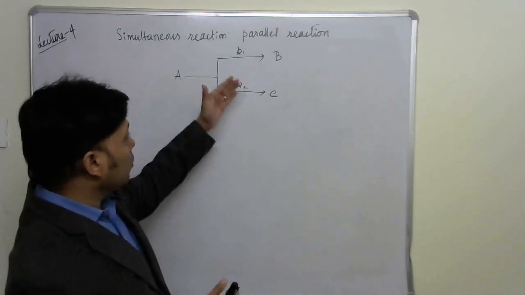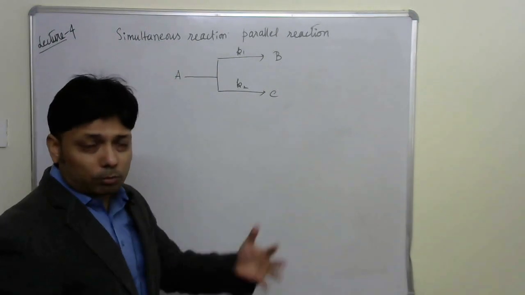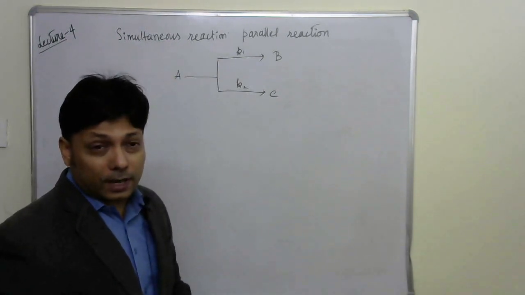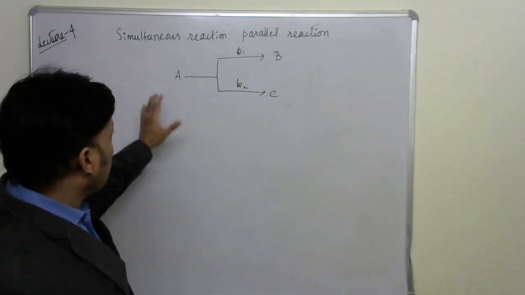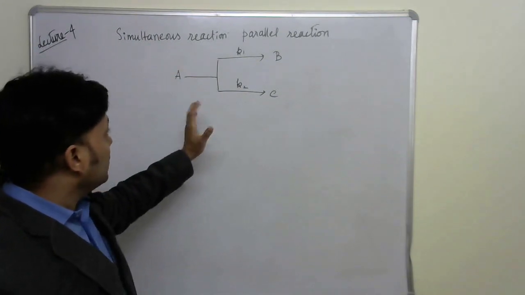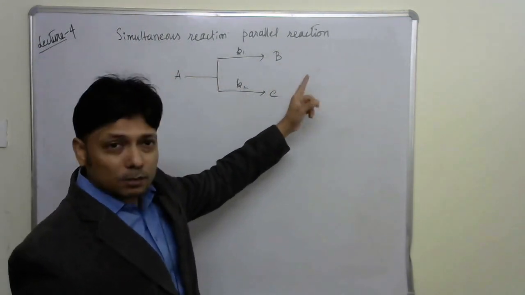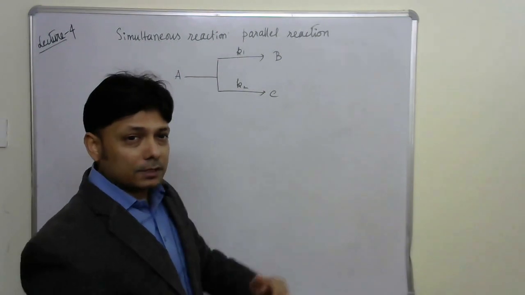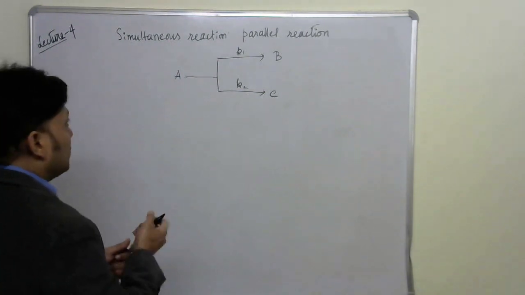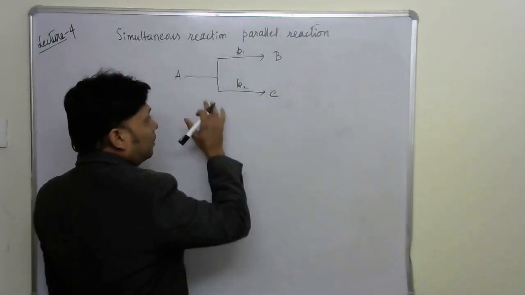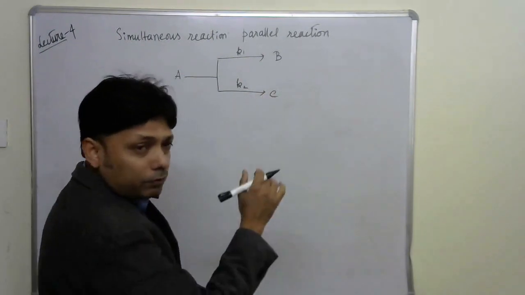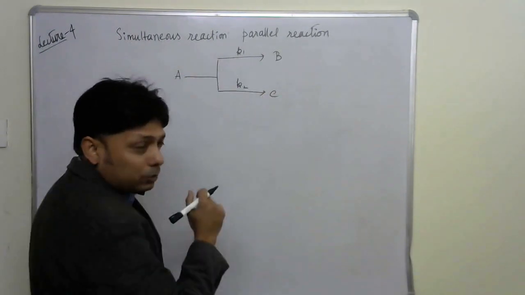Here we are showing only two products. It can be more than two, can be three, but of course those instances are a bit rare. So let's concentrate on a species A that is simultaneously giving us both the products B and C. And these are all first order, unidirectional, that means irreversible, with rate constants k1 and k2.